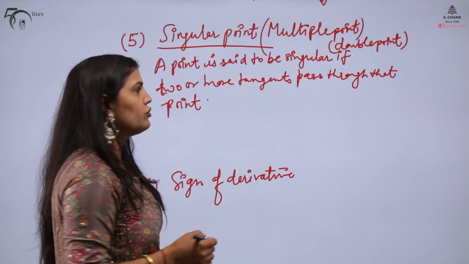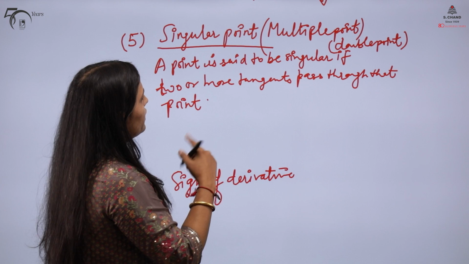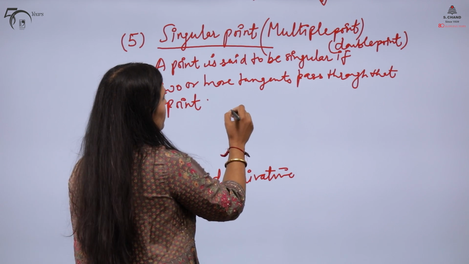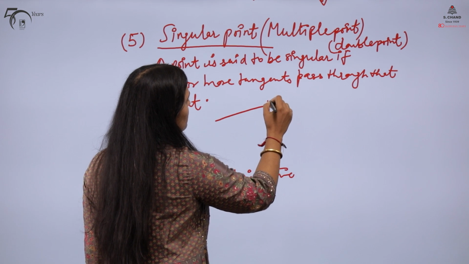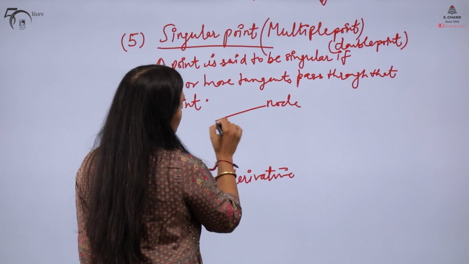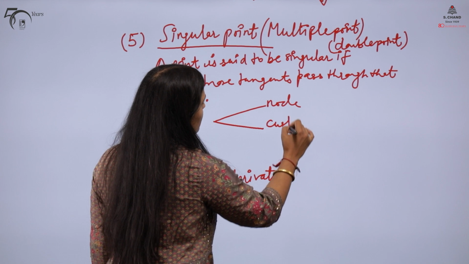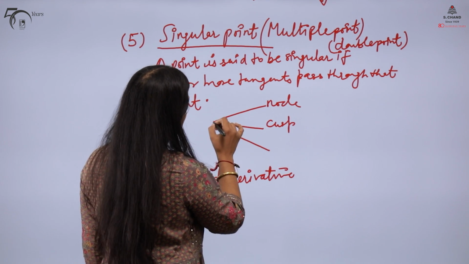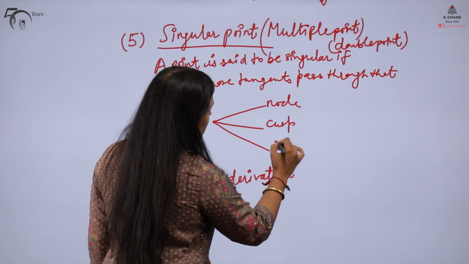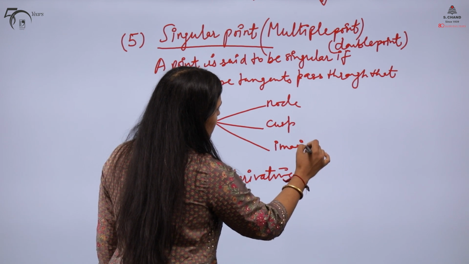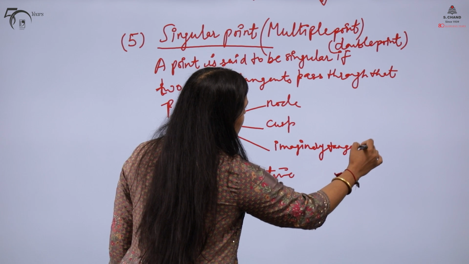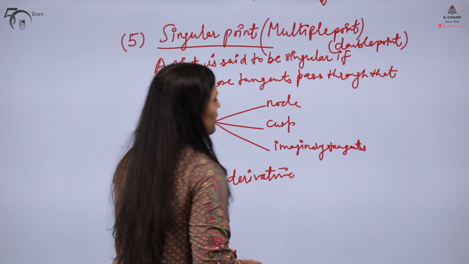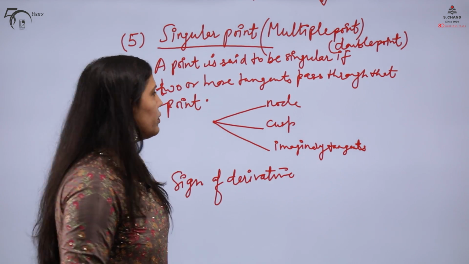If your point is singular, then it has three main types. What are they? First is node, second is cusp, third is imaginary tangents, because we are in the real world, so the imaginary part we never consider.